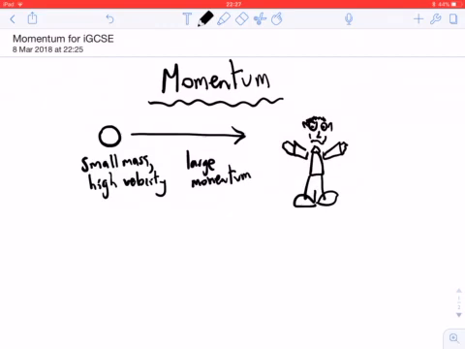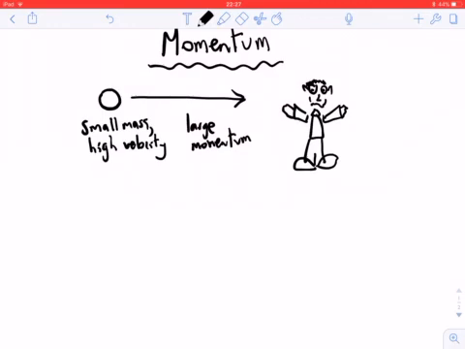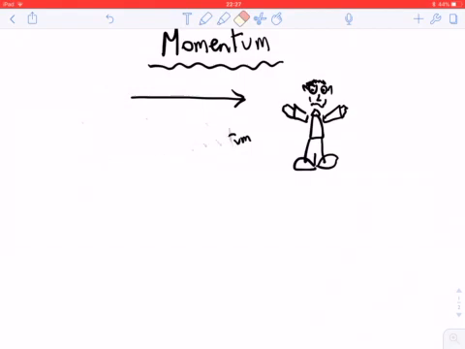Now let's imagine a second case. Let's have not a tennis ball, but a truck travelling at low velocity. So now we've got a large mass travelling at a small velocity. So here comes our truck.